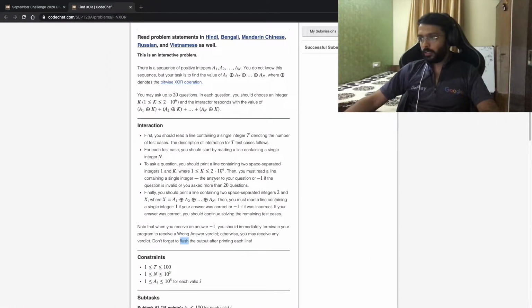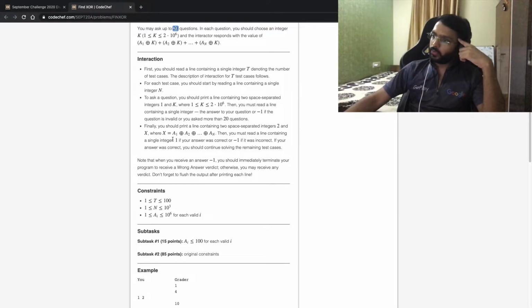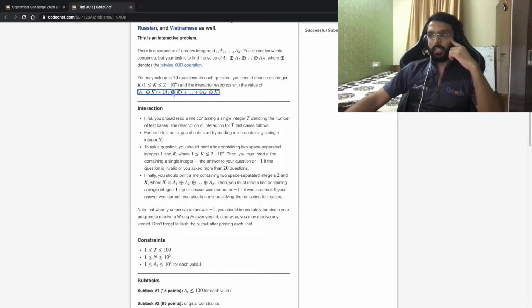Let me consider the maximum, maybe 2 raised to power 20, which is greater than 10 raised to power 6. If I ask a question for that, what would happen? Then no number will be changed. It will basically be 2 raised to power 20 plus A_i for each element, so the XOR is nothing but a sum. Ultimately I will get n times 2 raised to power 20 plus the sum of all.